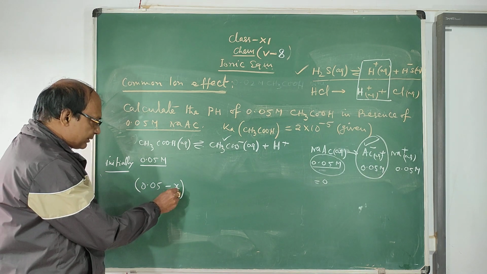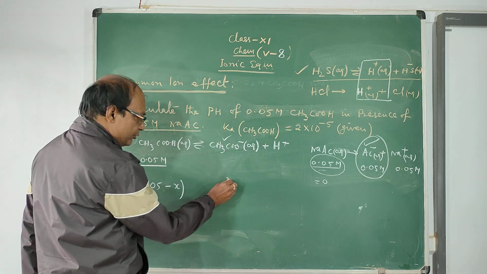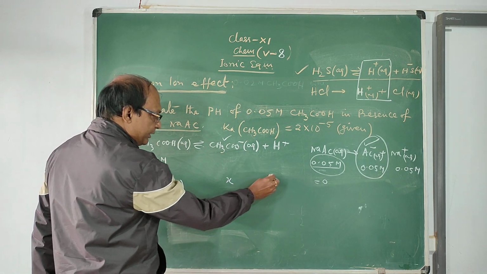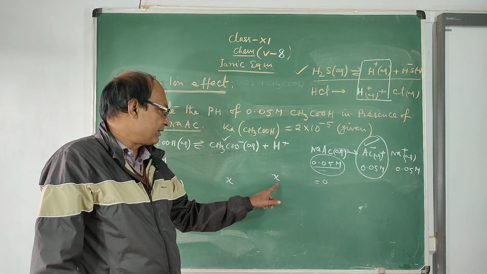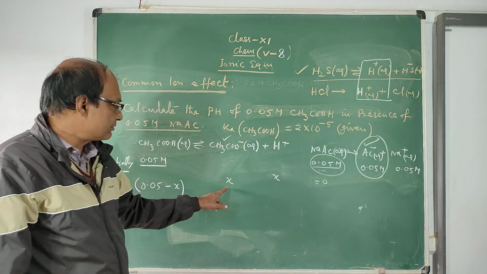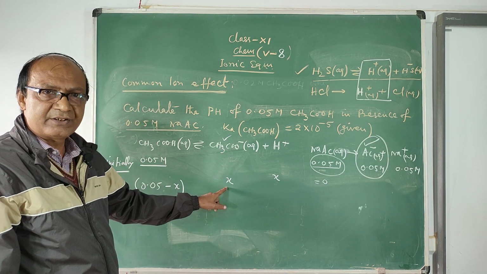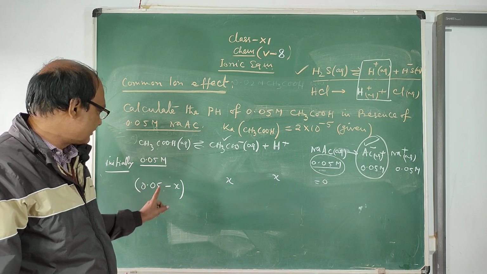If X part dissociates, it will form X hydrogen ion and X acetate ion. So what is the hydrogen ion concentration? X. What is the acetate ion concentration? X. What is the acetic acid concentration?